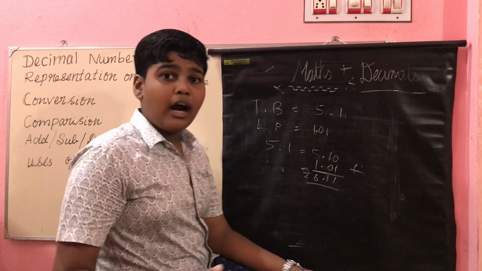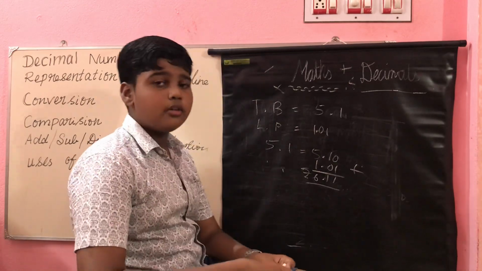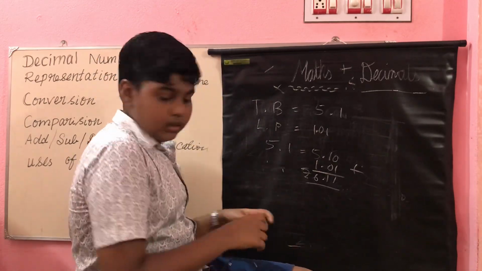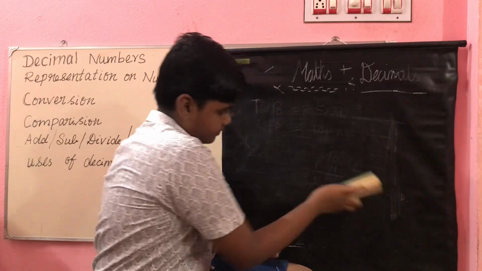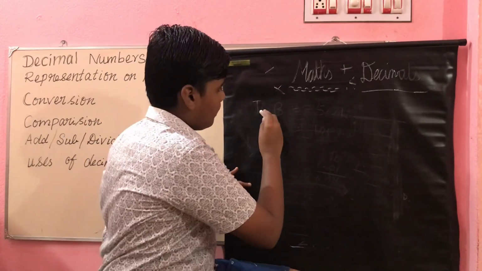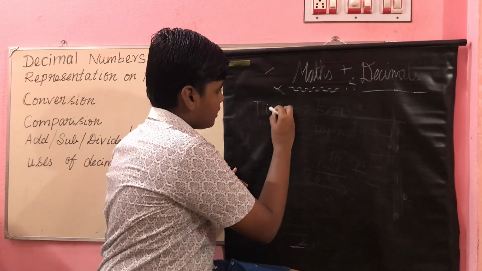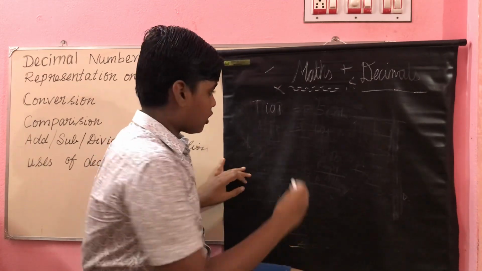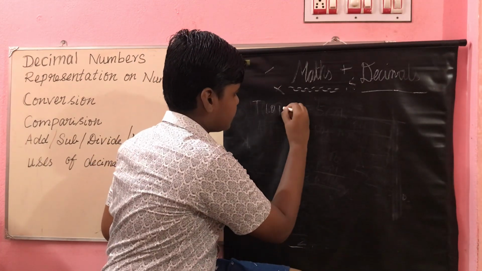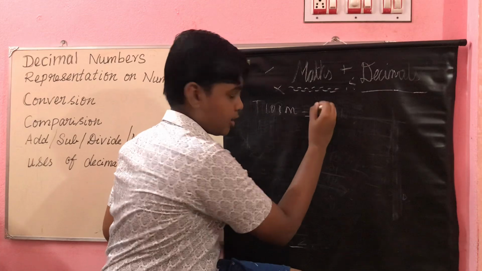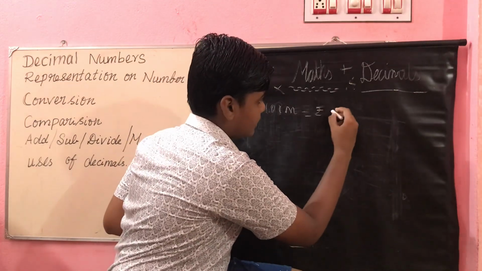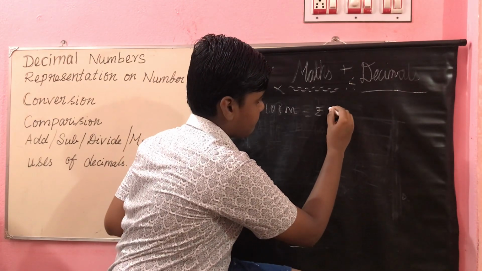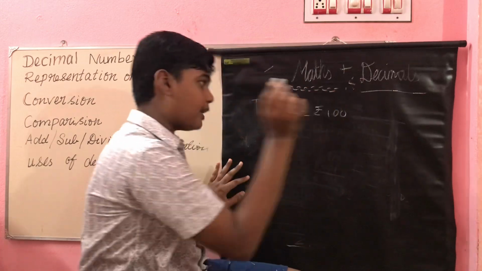Okay, now I'll tell you another one. The cost of 1.01 meter of cloth is equal to rupees 100.